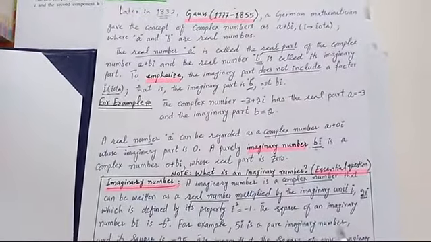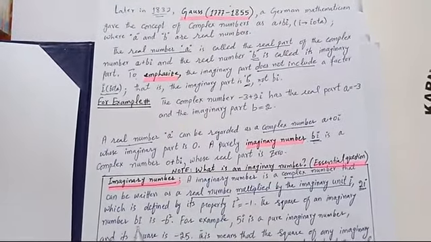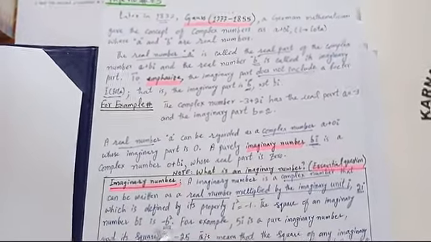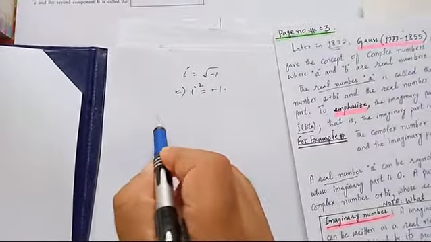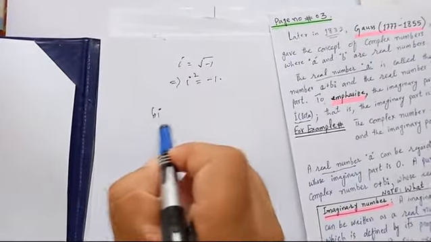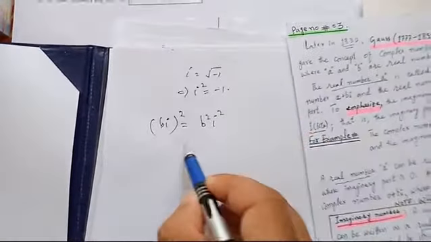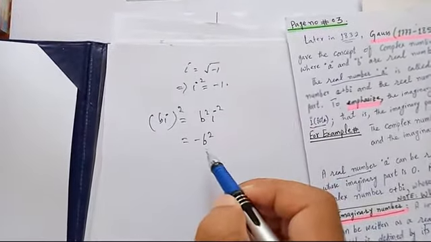The square of any imaginary number b iota will be equal to minus b square, because when you take the square of an imaginary number b iota, it becomes b square iota square, and you know iota square is equal to minus 1, so this becomes minus b square.